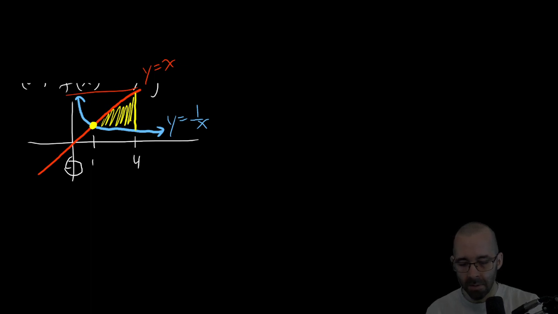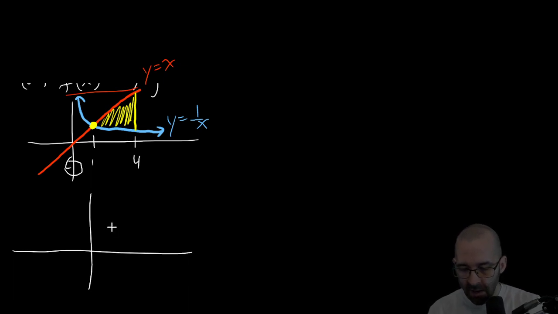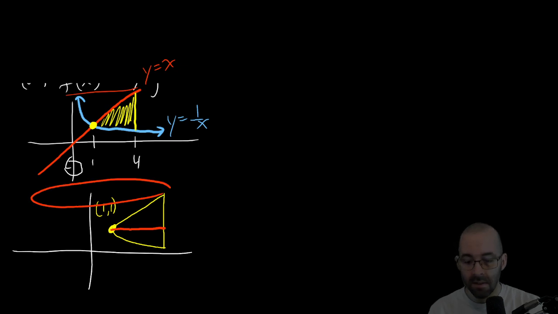Let's blow this up a little bit. Right? Here's what we have as our region. This is the point 1, 1. It goes up here, down here, and this is our region of integration. We have to split this up into 2 pieces because we're rotating it like this.